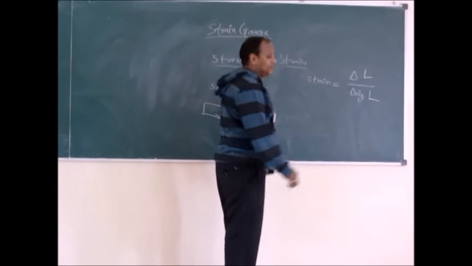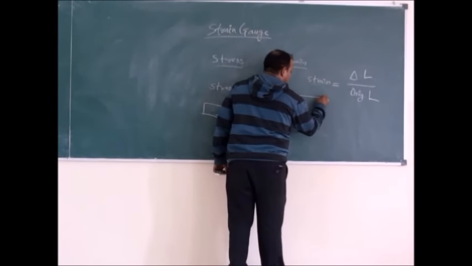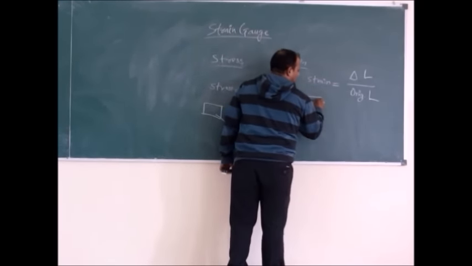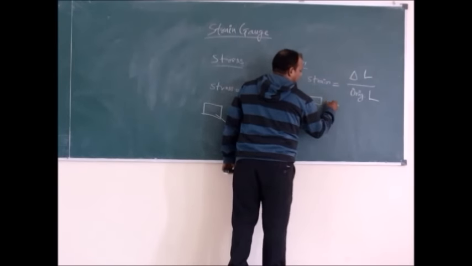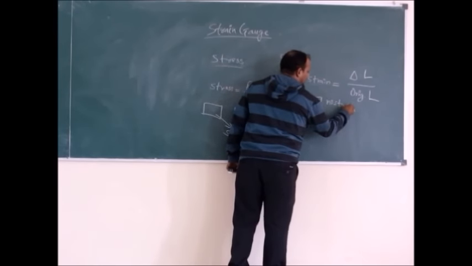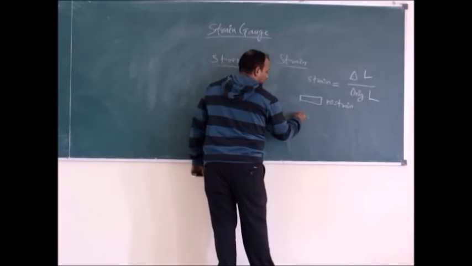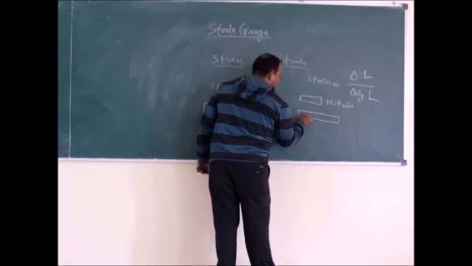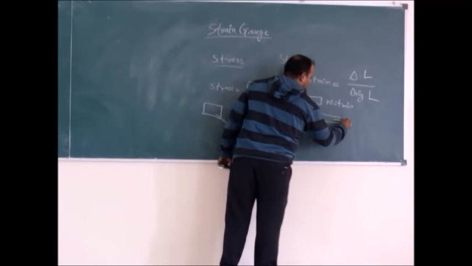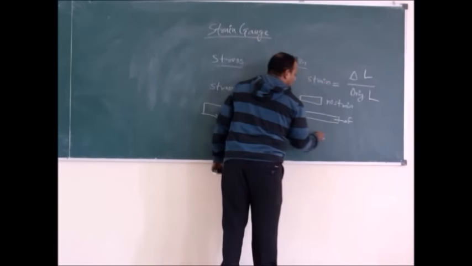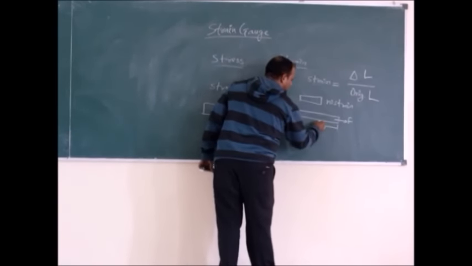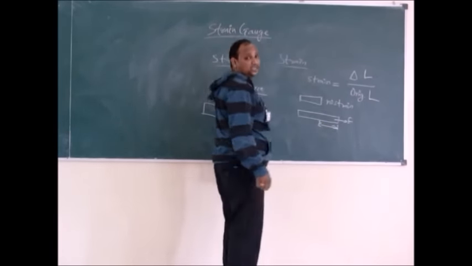So suppose we consider one strip with no force applied, so we say there is no strain. But if the force is applied onto that, it will change its length. So this much amount of length is considered as the change in length.